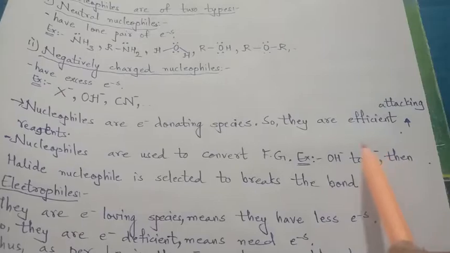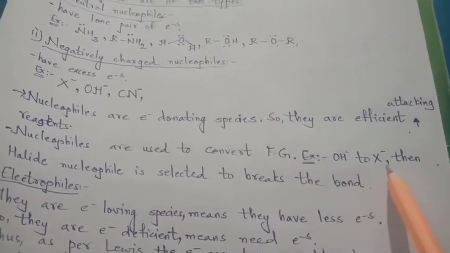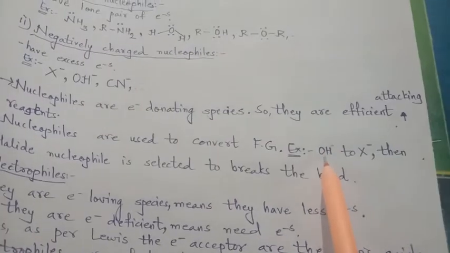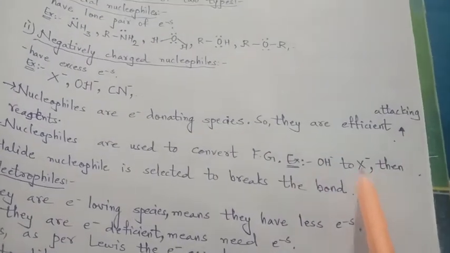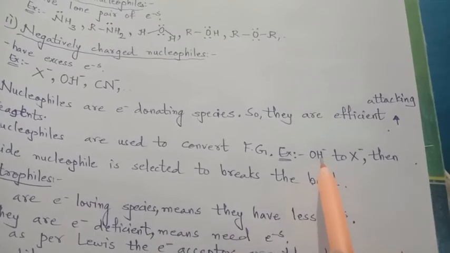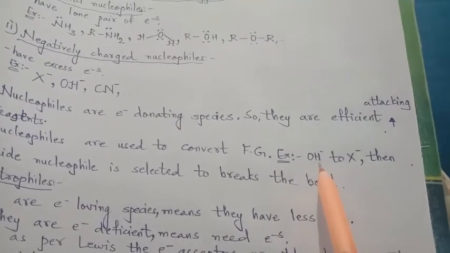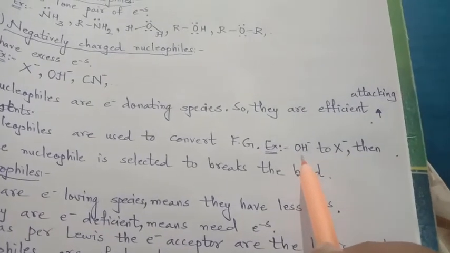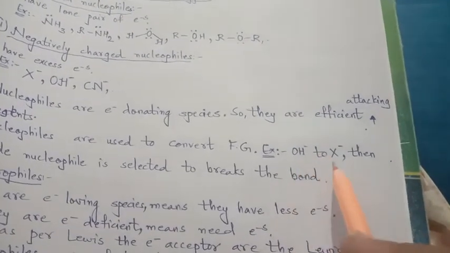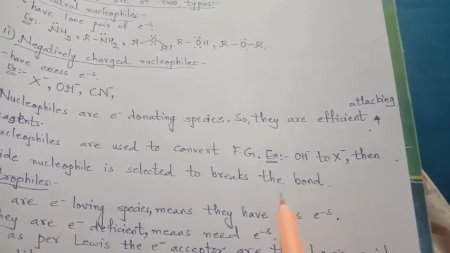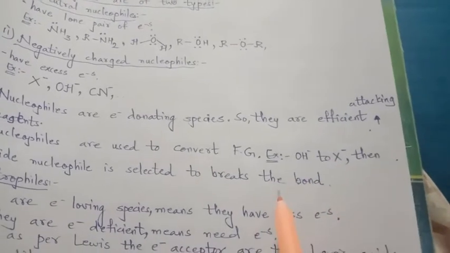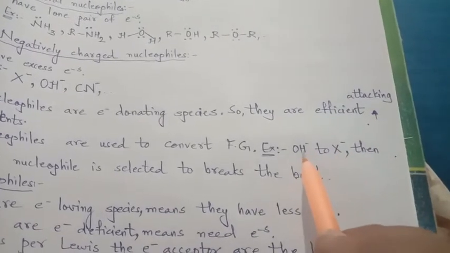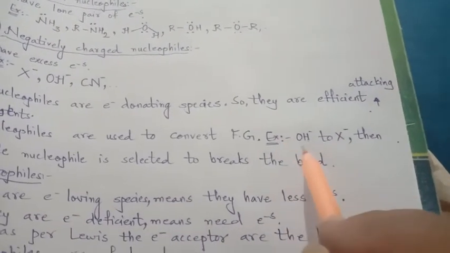If we are asked to convert an alcohol compound to a halogen compound, suppose it is ethanol, and we want ethyl chloride or chloroethane, right? What is chloro? It is halogen. And what is ethanol? It is alcohol.